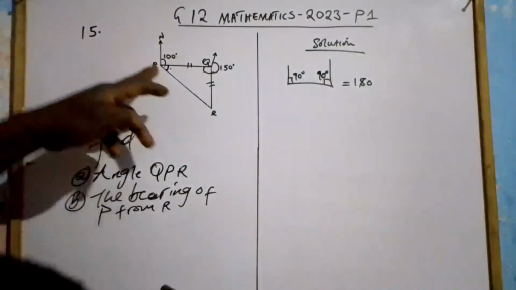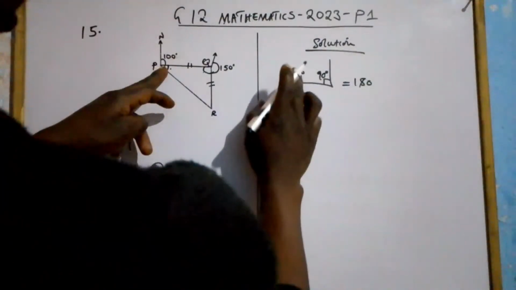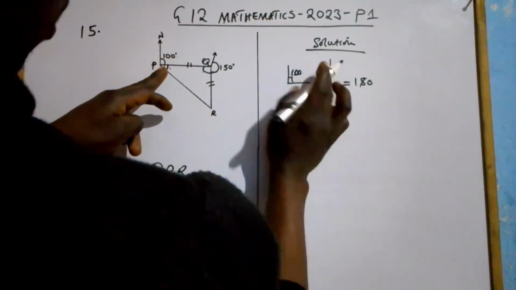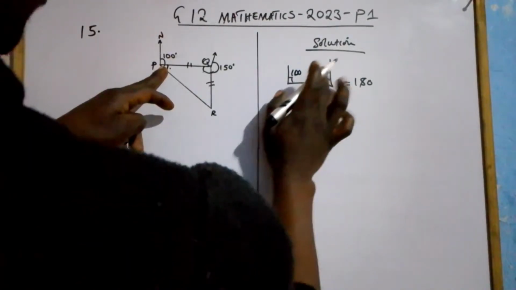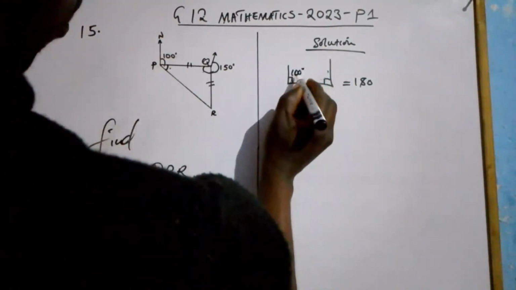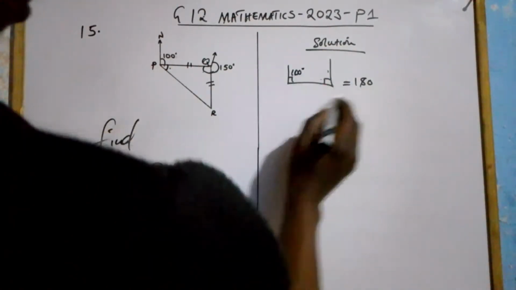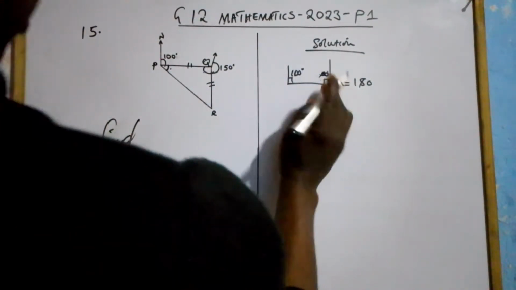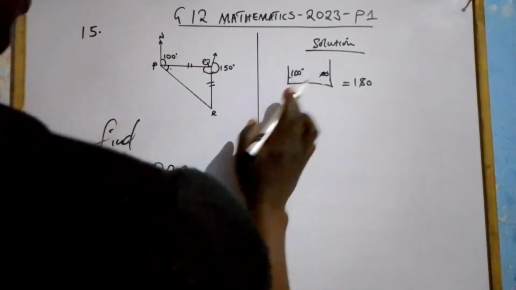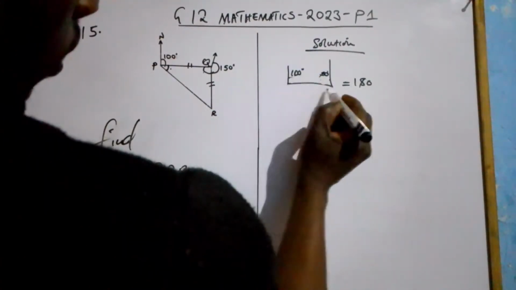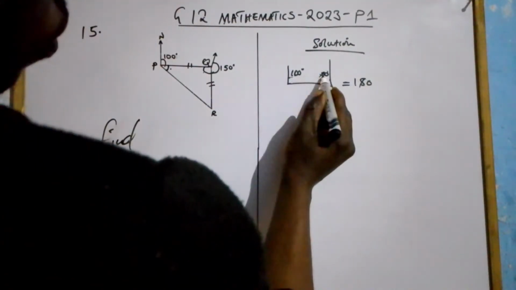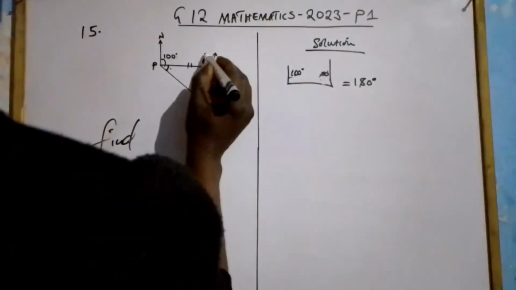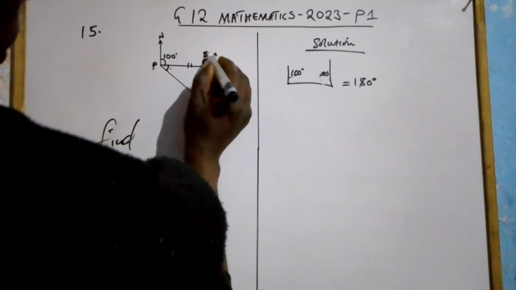So that means here we have been given 100. For us to have 180, it is 80 here. Okay, so the angles which stand in this shape should add up to 180 degree. So that means here there is 80 degree.